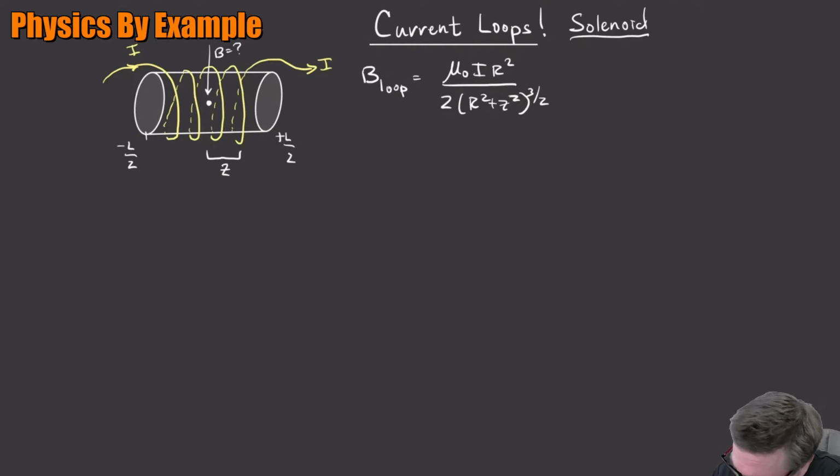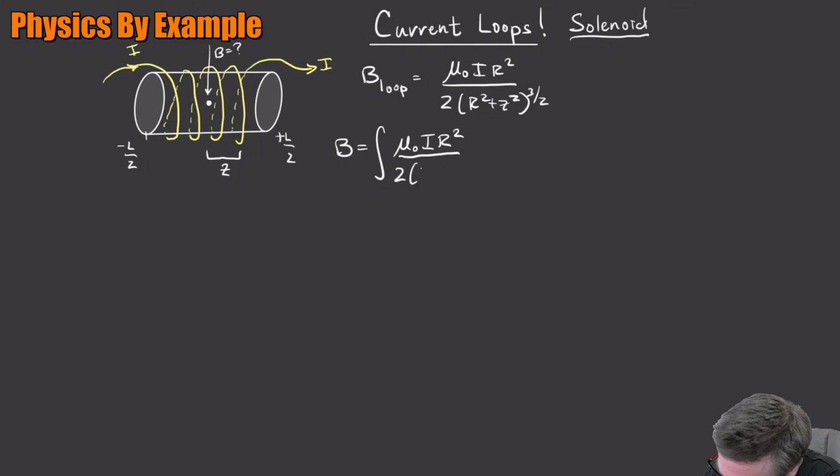So B is mu naught I r squared over 2 times (r squared plus z squared) to the 3/2, integrated from the left-hand side to the right-hand side, from minus L over 2 to plus L over 2.